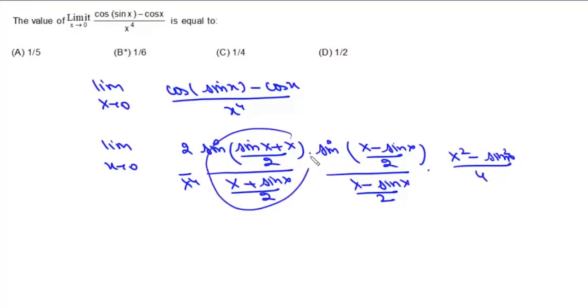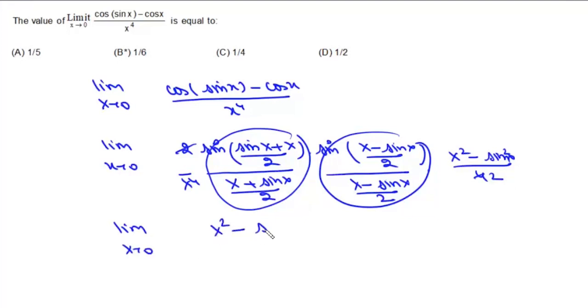Now this is 1 and this is 1, and this 2 will cancel. So we'll write this as limit x tends to 0, x square minus sin square x upon 2 x to the power 4.